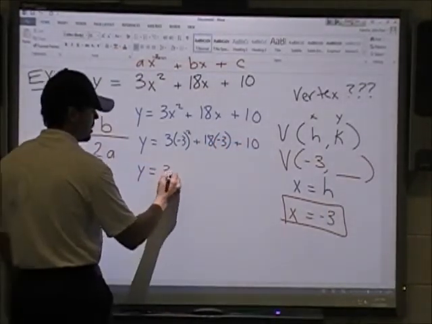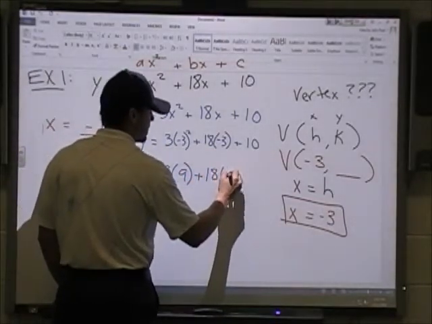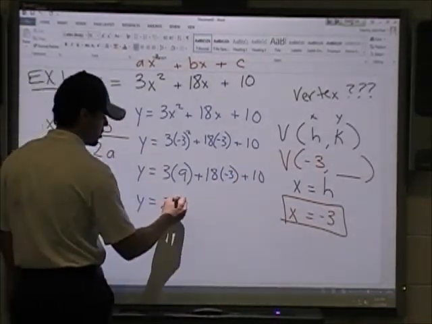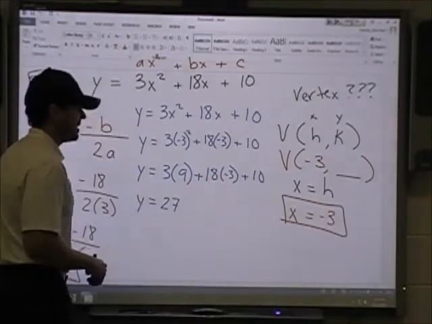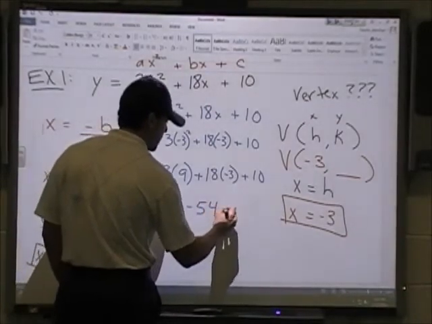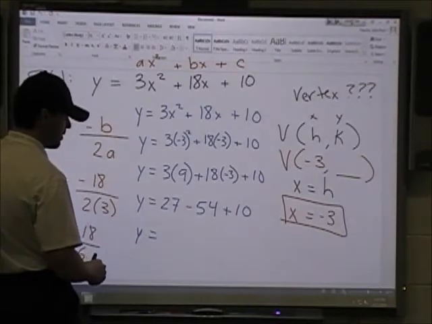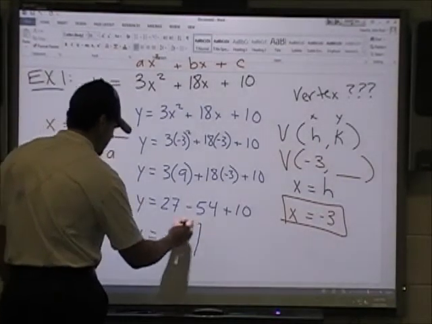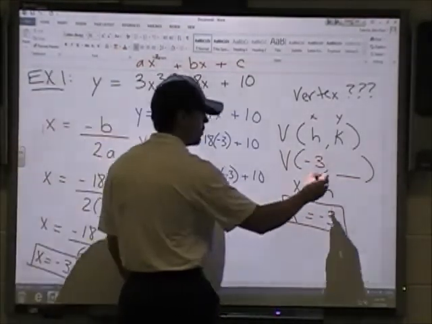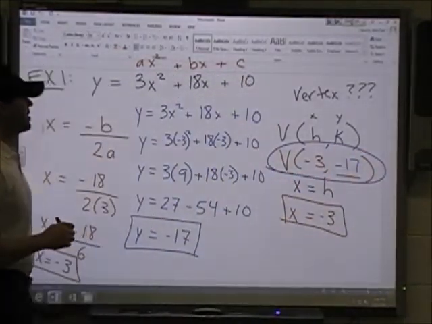This is 3 times negative 3 squared, which is 9, plus 18 times negative 3, plus 10. So y equals 3 times 9 is 27, and 18 times negative 3 is negative 54, plus 10. And so y is equal to negative 27 plus 10, which is negative 17. So y is equal to negative 17 when x is negative 3. So the vertex in that case is (negative 3, negative 17).